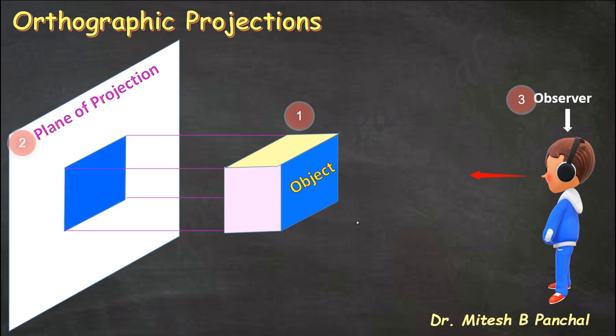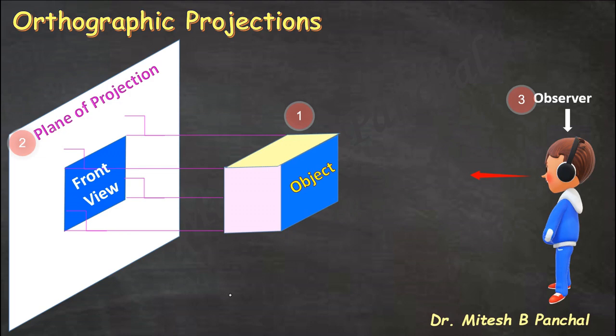As this is the viewing direction for the front view for this particular object, the projection we obtain on the plane of projection is the front view of the object.